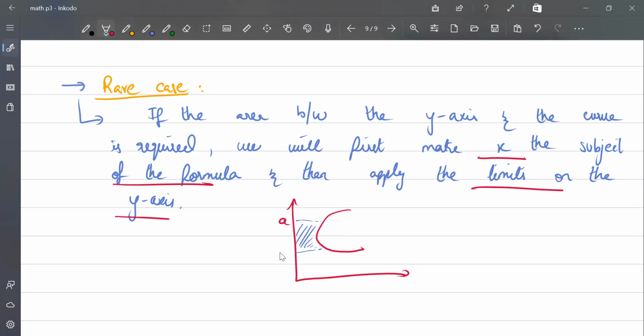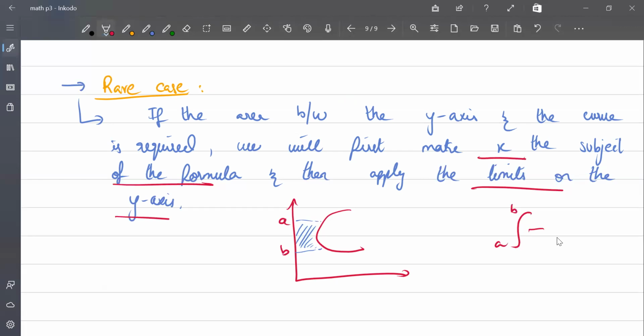Limits, obviously, this would be a and this would be b. So this is a rare case and not usually tested. But in case it comes in your exam, this is how you're going to do it.